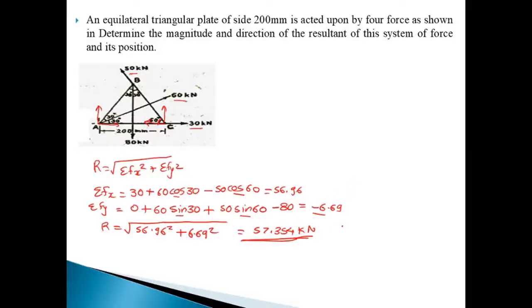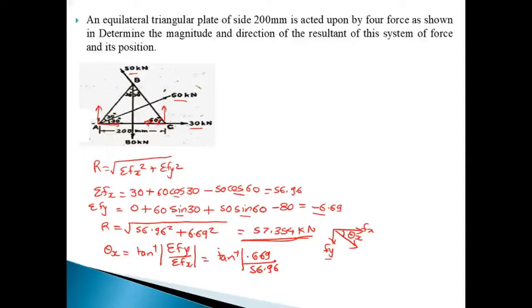Yes, so for the direction, our Fx is positive, so the x component is positive, the y component is negative Fy, and the force is in between these, and this is theta x. So we can find out the theta x value by tan inverse of summation Fy by summation Fx. Yes, so we can substitute the Fy value, which is 6.96 divided by 56.96.